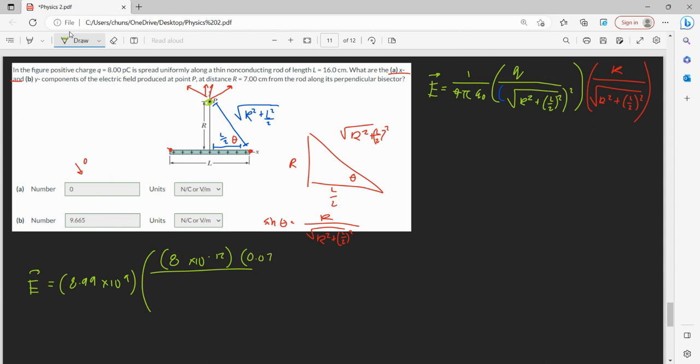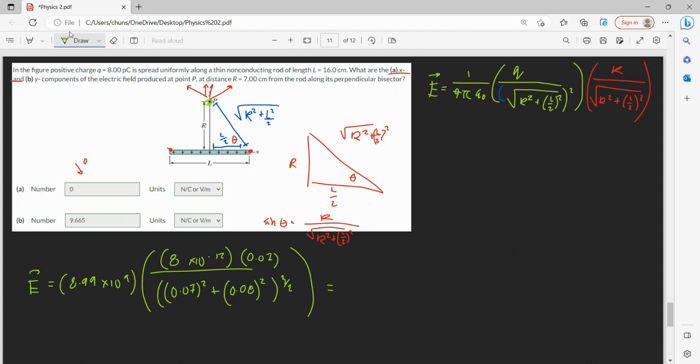R is 0.07 meters, and that way we can just do R squared. R is 0.07 squared plus half of 16 centimeters, which is 8 centimeters, squared, to the power of 3 over 2.